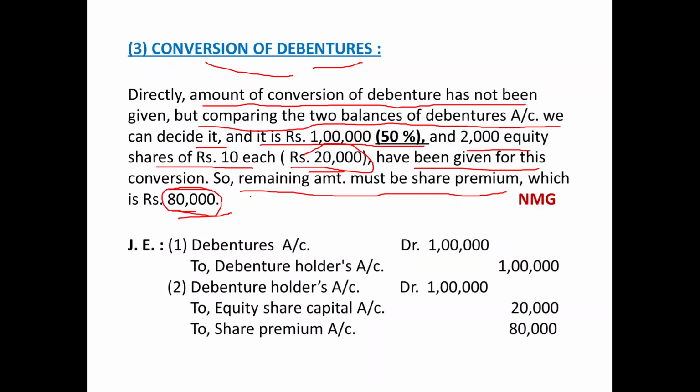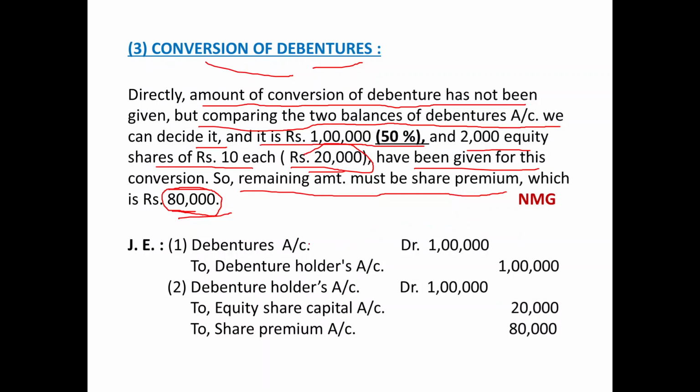Out of 50, 10 has been credited to equity share capital account and the remaining rupees 40, 2000 into 40, 80,000 has been credited to the share premium account. So this is a good point of the question. Hidden point of the question. It verifies your knowledge about the stock market also.